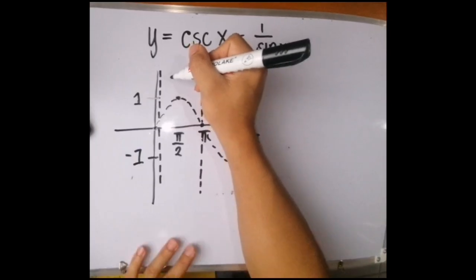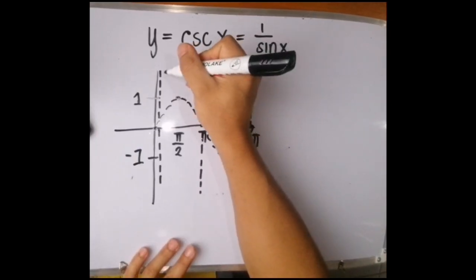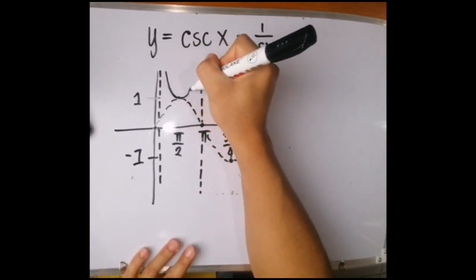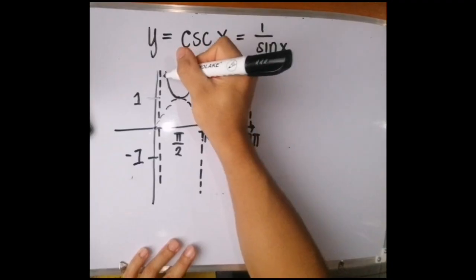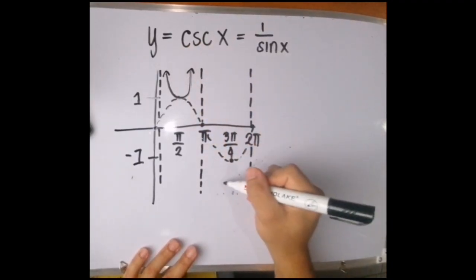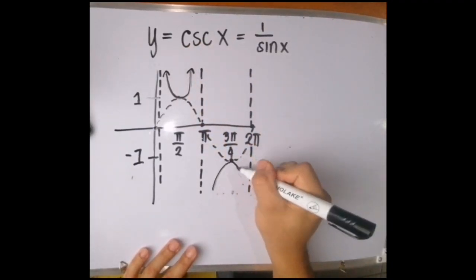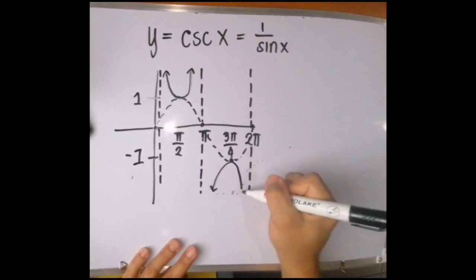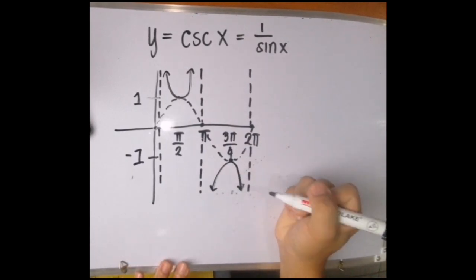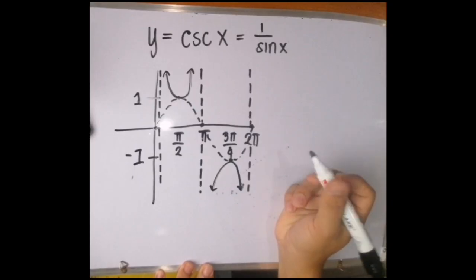Here, this one will be, and this portion will go like this. And that's how you graph the cosecant function.